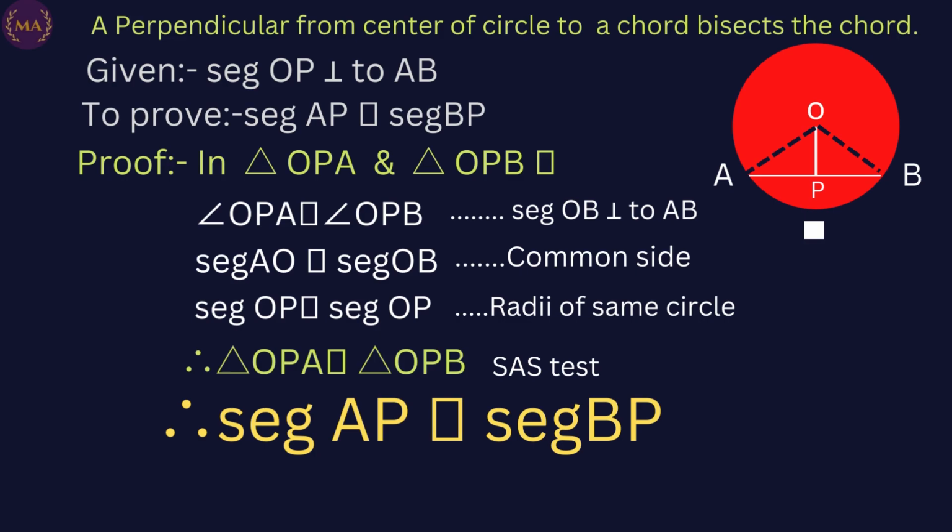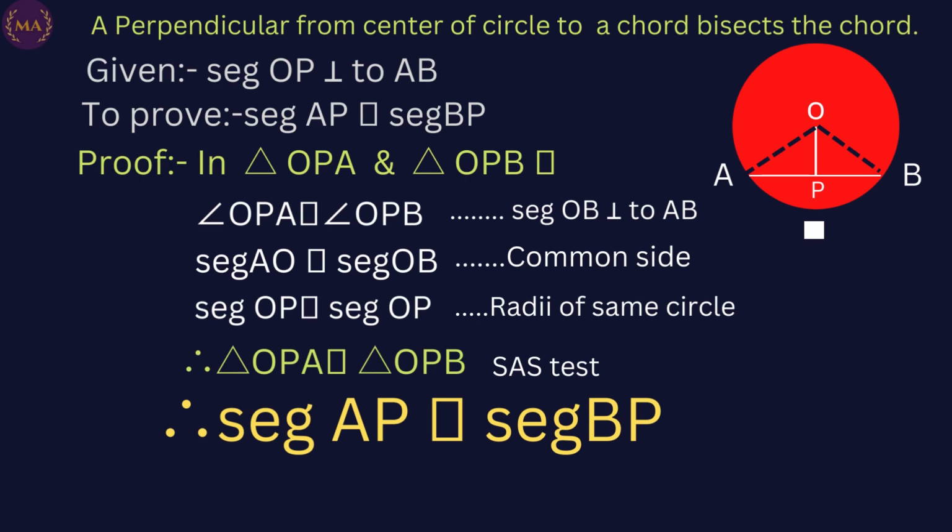Yes. Let's revise the proof in short once again. What is the property of a chord? The property is, if you draw a perpendicular from the center of the circle to a chord, that perpendicular divides the chord into equal parts. Or you can say that the perpendicular bisects the chord. Yes. So what are the steps to prove it?